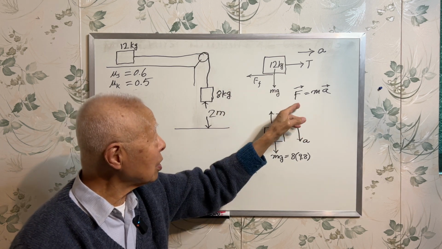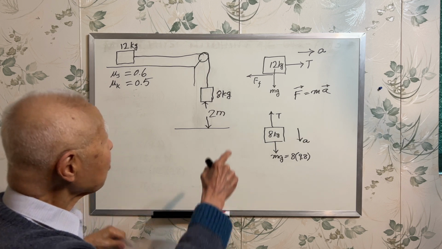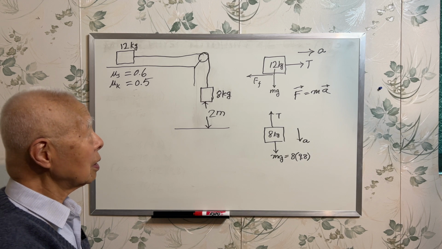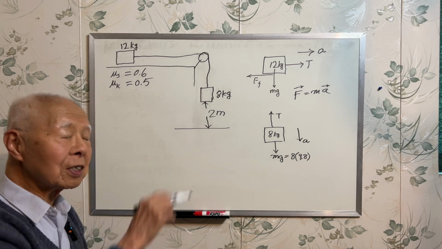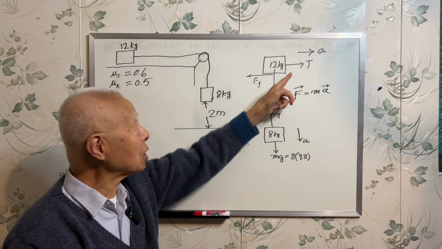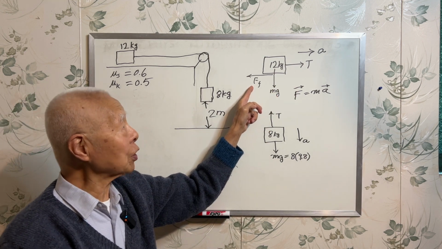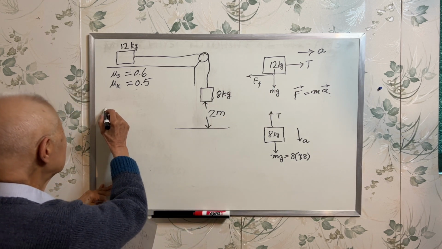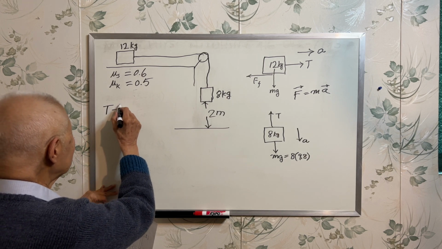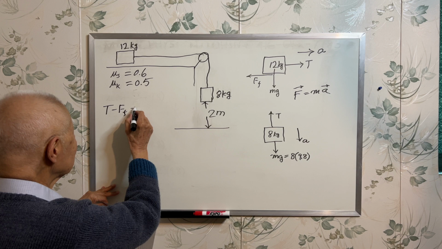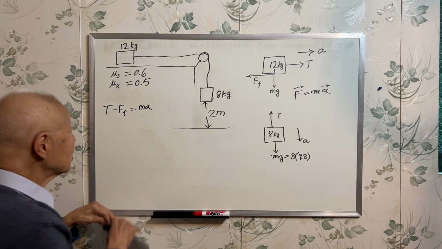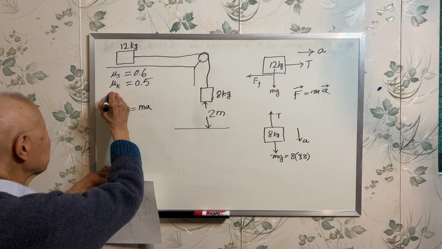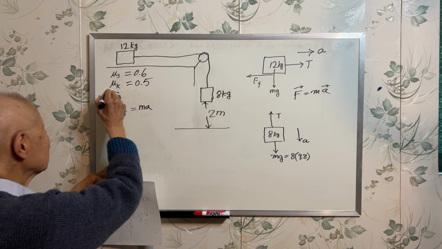So let's write force equals ma now. What is the net force in the horizontal direction? Because it moves to the right-hand side, therefore this force must be larger than that. Therefore the net force is T minus friction force. T minus F of friction equals ma. I am talking about the 12 kg mass. So let's concentrate on the 12 kg mass, okay?